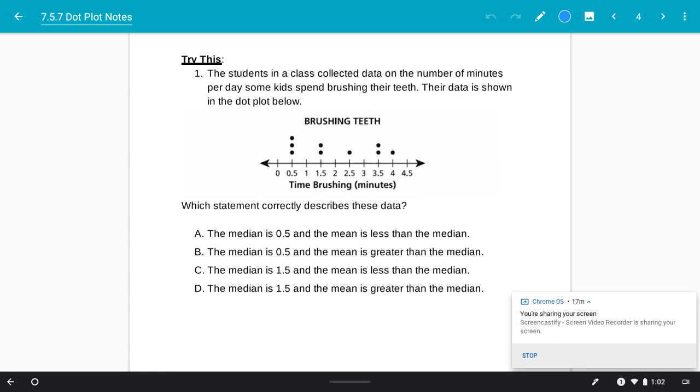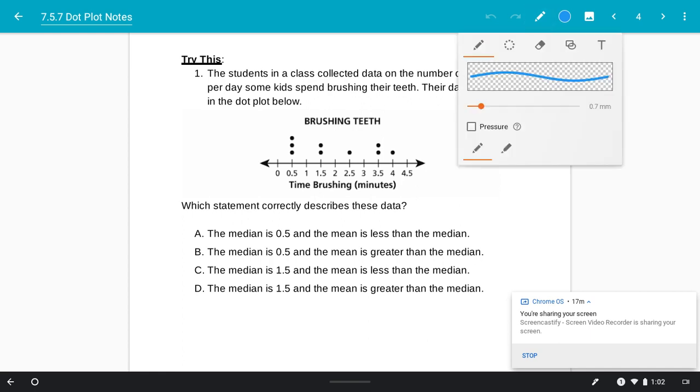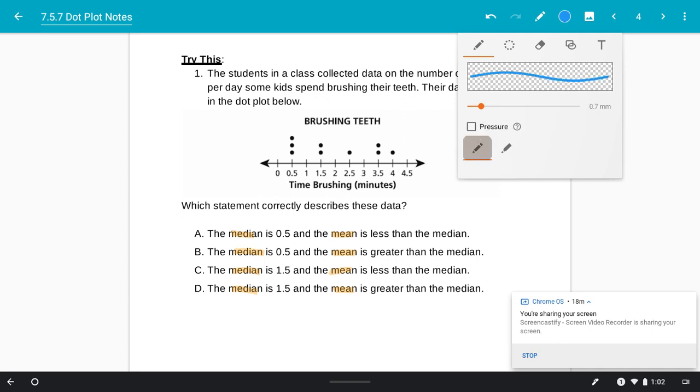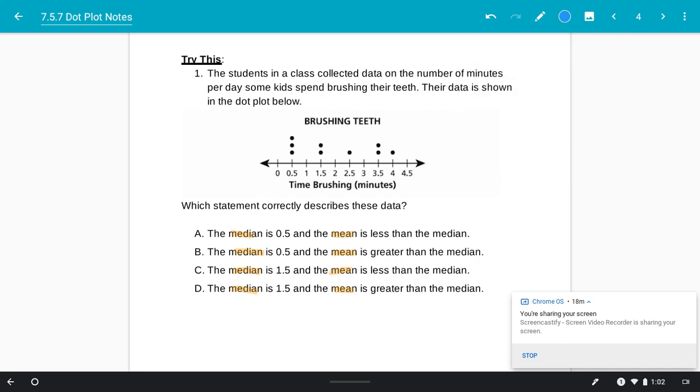So what I would recommend looking at here is first determining what you need to know. All of these questions are going to be talking about the median being either 0.5 or 1.5, and then the mean compared to the median, whether it's greater than or less than. So in this problem, we have to calculate both the median and the mean. In order to do that, I'm going to first list out my data set.